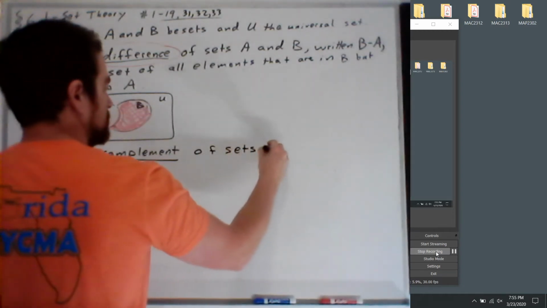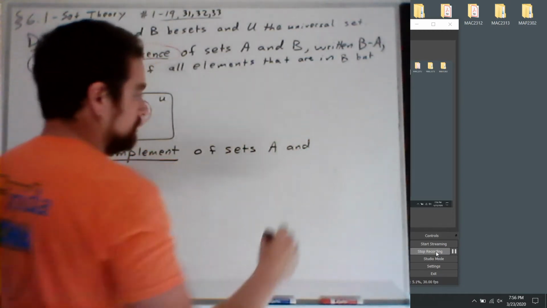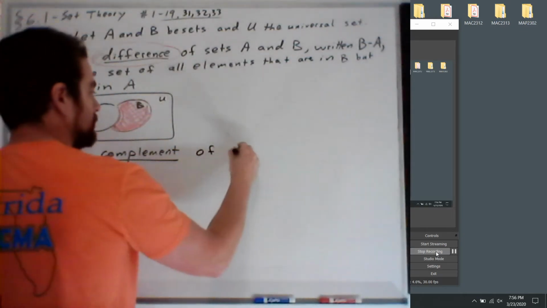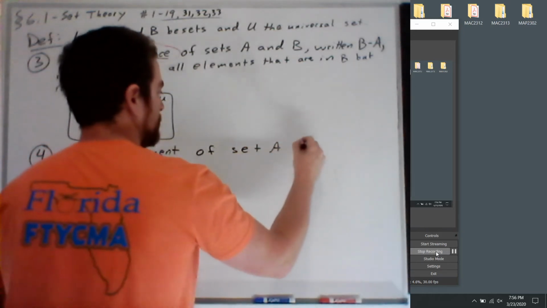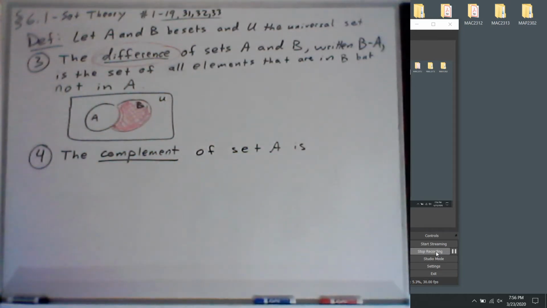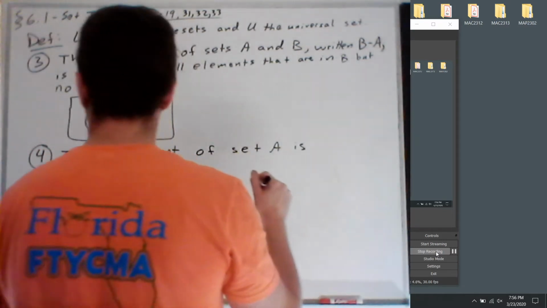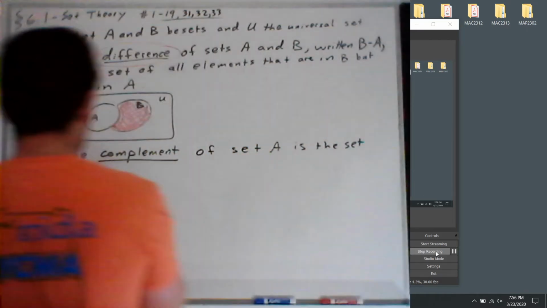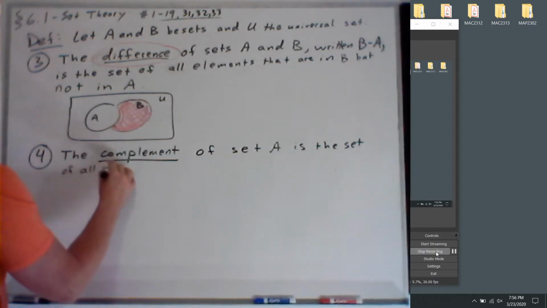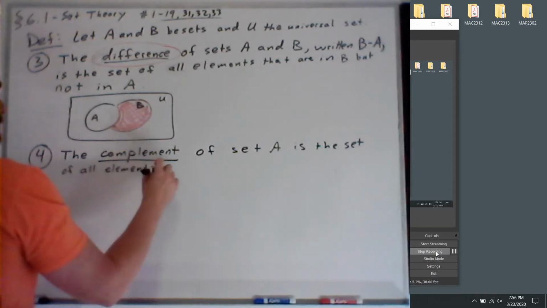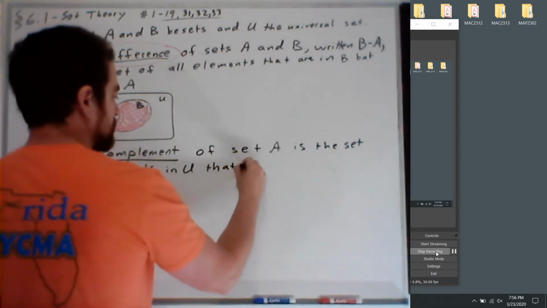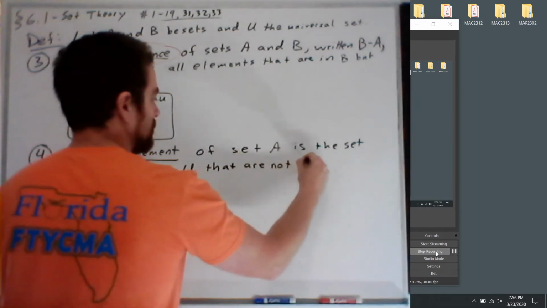The complement of set A is the set of all elements in U, the letter U, that are not in A.